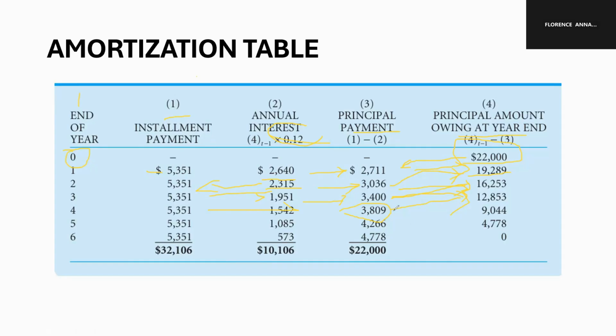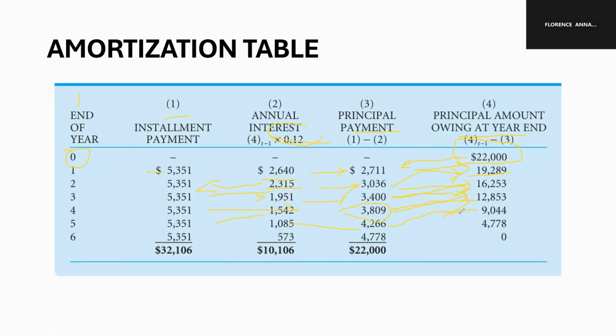So you'll get 9,044. And 9,044 times 12%, how much? You'll get 1,085.28. You deduct that from 5,351, you'll get 4,266 na principal repayment.